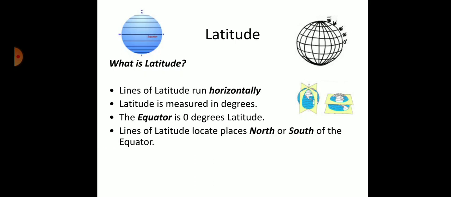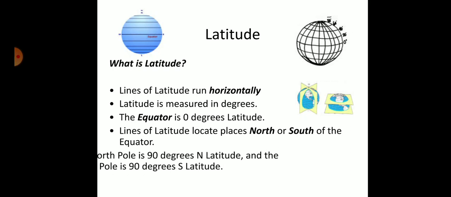Lines of latitude locate places north or south of the equator. So you can locate lines of latitude north of the equator and south of the equator.